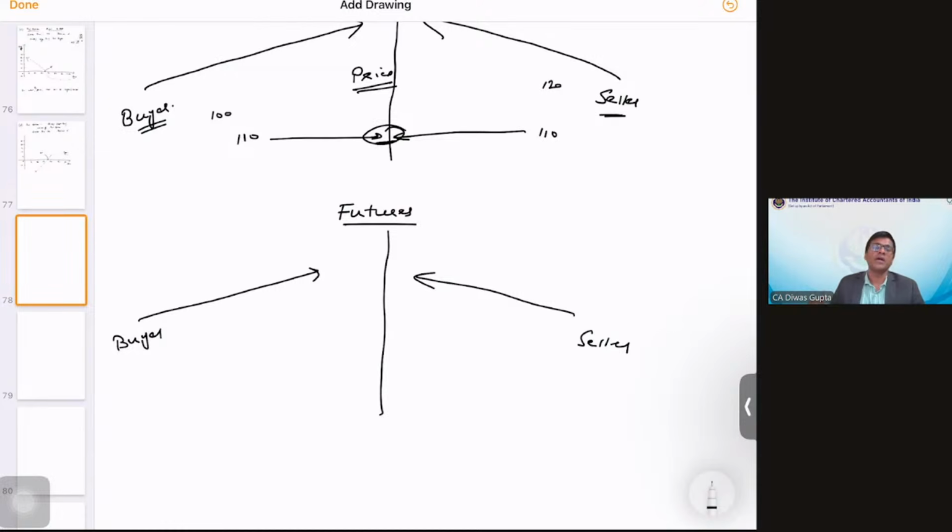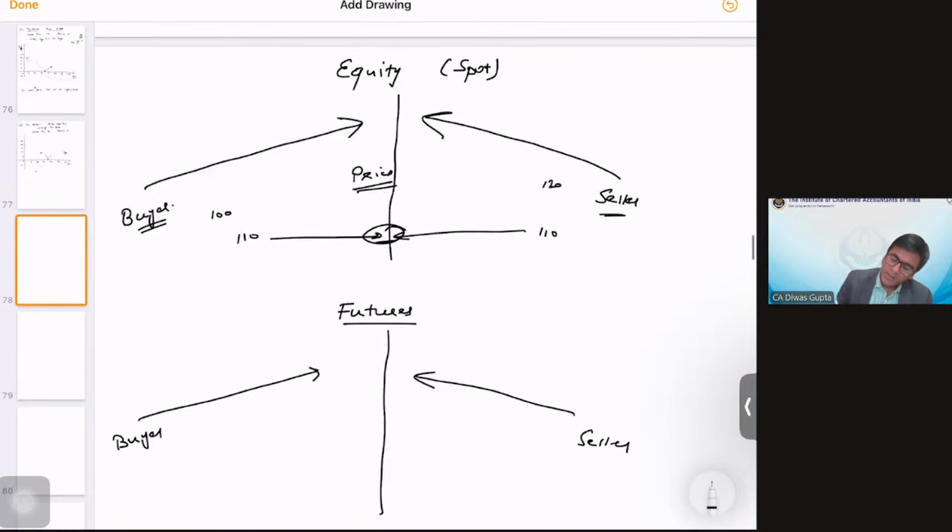They're over the counter. But futures are standardized contracts. Come on, students. If you want to attempt this answer, my question is that for equity, the price is quoted on the stock exchange for the purpose of sale or purchase.